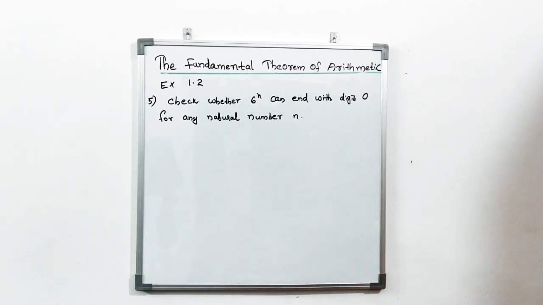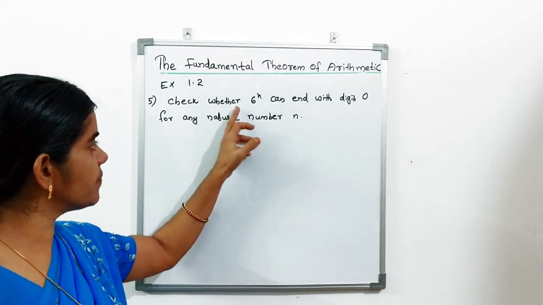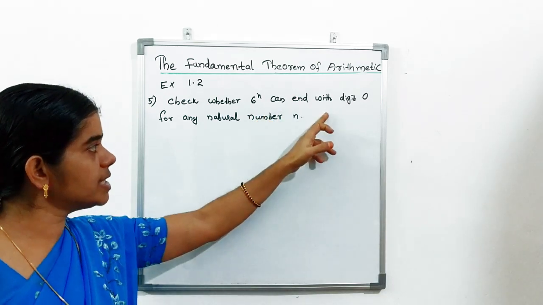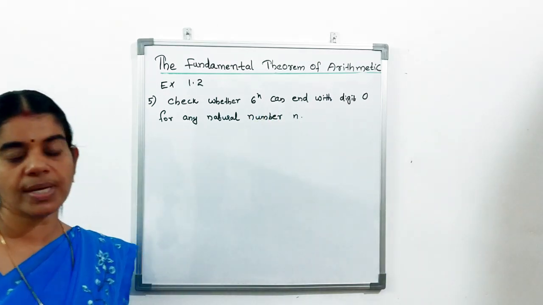This type of question. What is the question? Check whether 6 raised to n can end with the digit 0 for any natural number n.